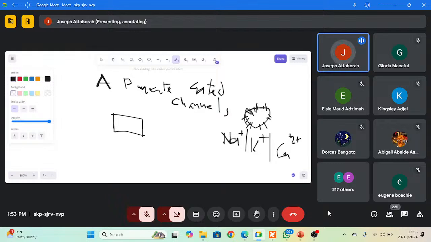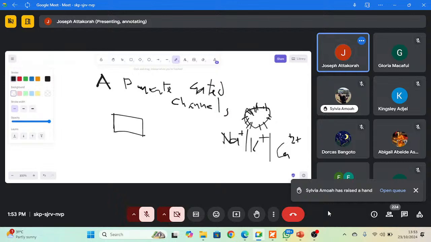And when a myocyte gets an impulse, there will be changes in the behavior of these channels in terms of movement. Some ions will be moving from the outside into the myocardium. Some will also be moving from the inside of the myocardium to the outside. So there will be exchange of these ions, and the exchange of these ions will now cause the contraction.